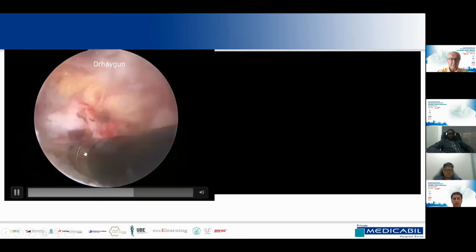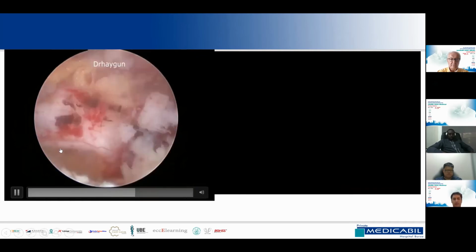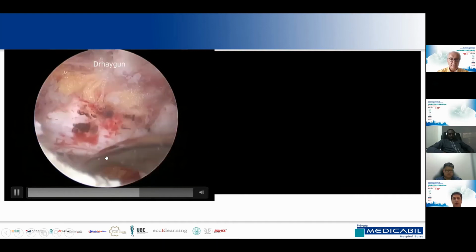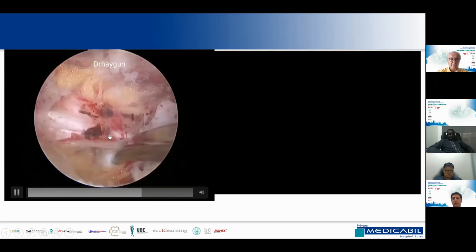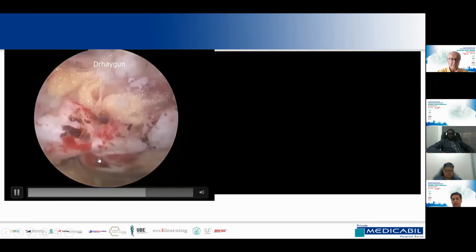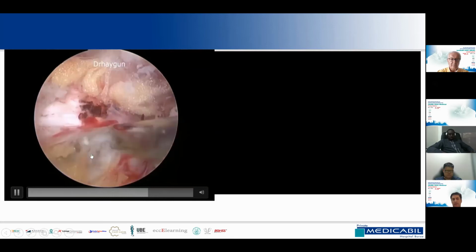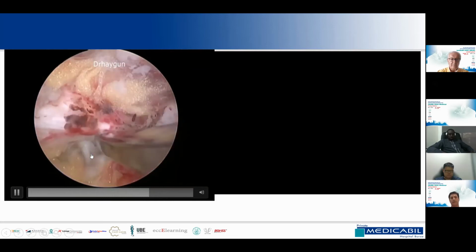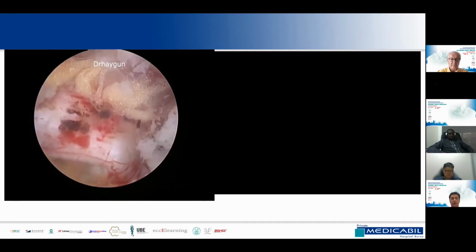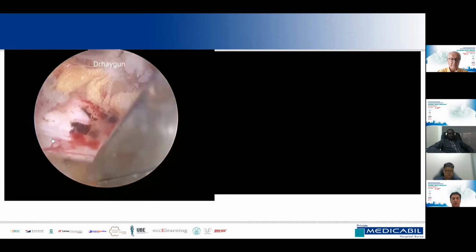You see here, there is something pushing the disc, pushing the nerve roots here. Yes, this is the calcified disc part. So the consecutive decompression is important.